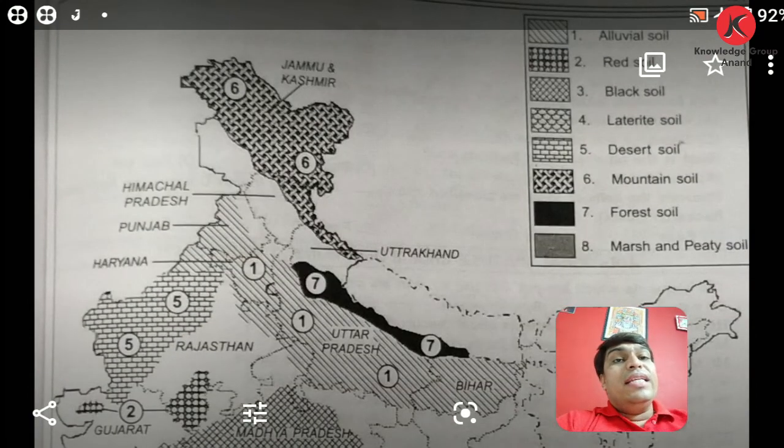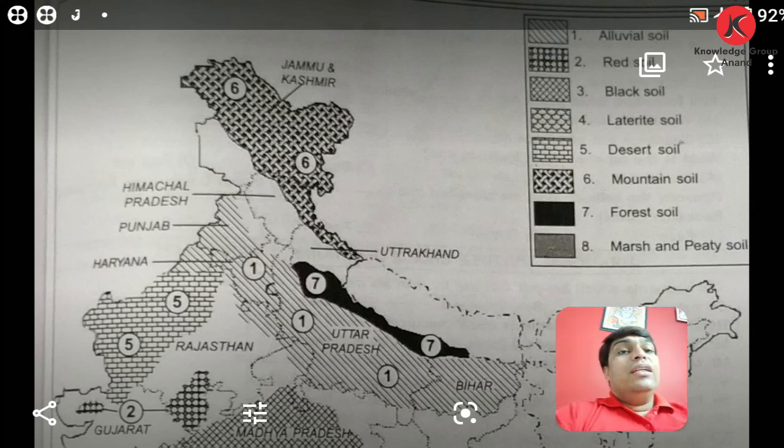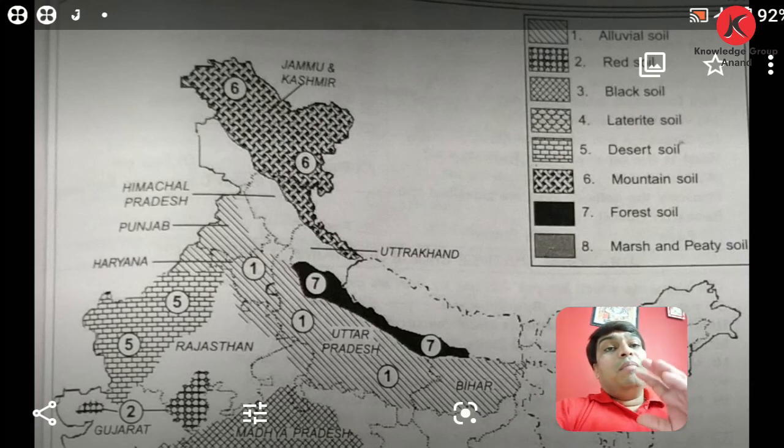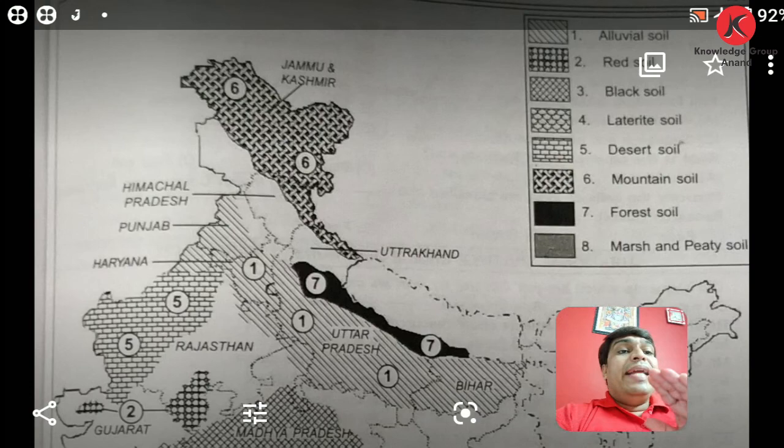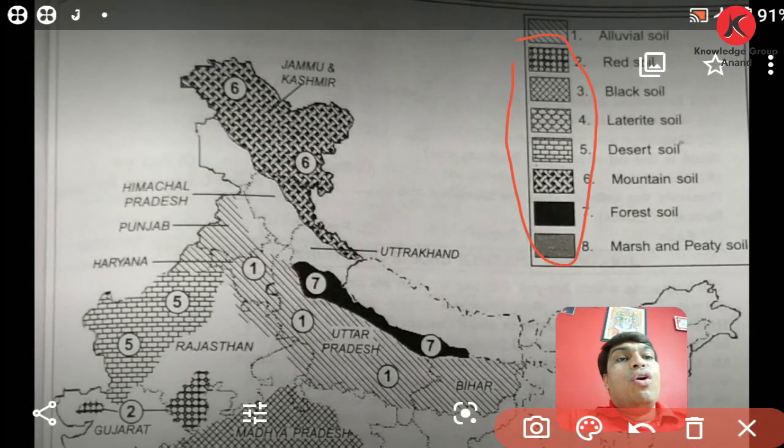Here friends, you can see the whole regions in the map given in this video. You can clearly see that the regions are covered by showing different symbols. In this map, 8 types of soil are shown, and friends, if you see here in the table, for all these different soils, different symbols, different designs are shown, right?